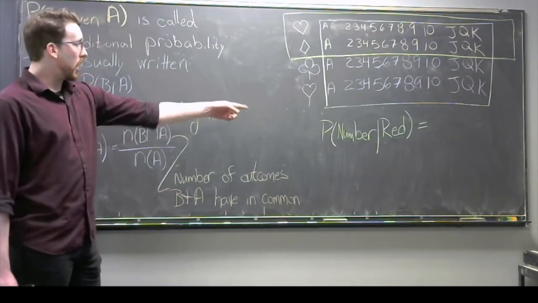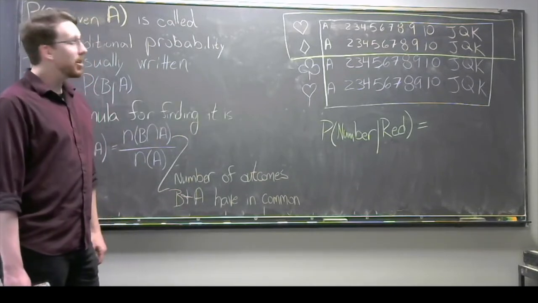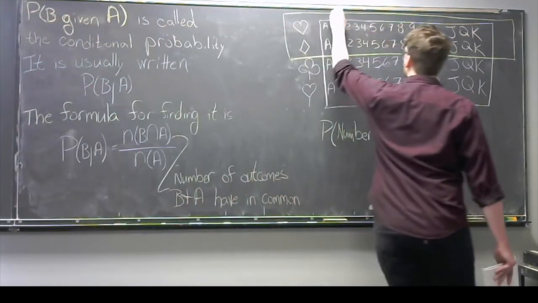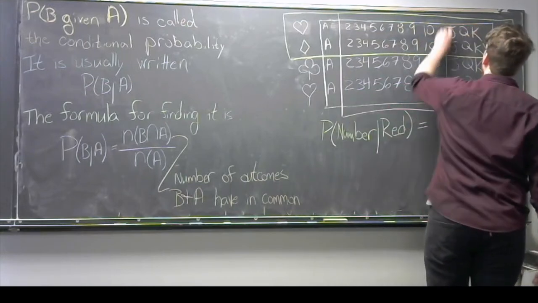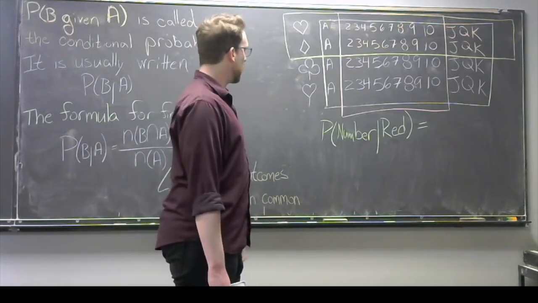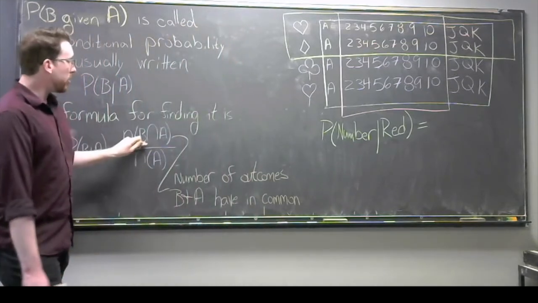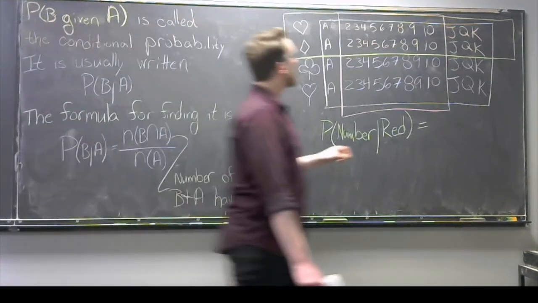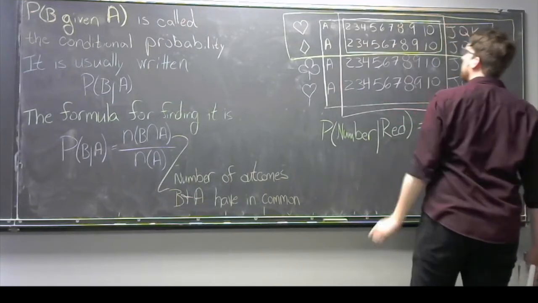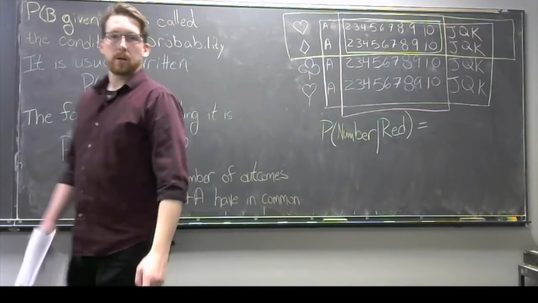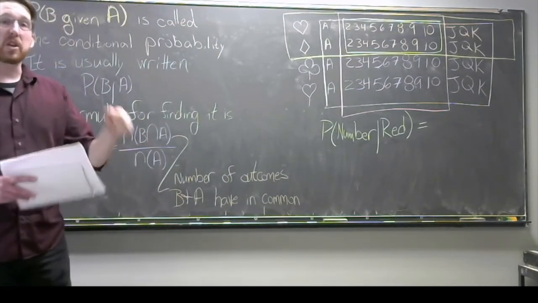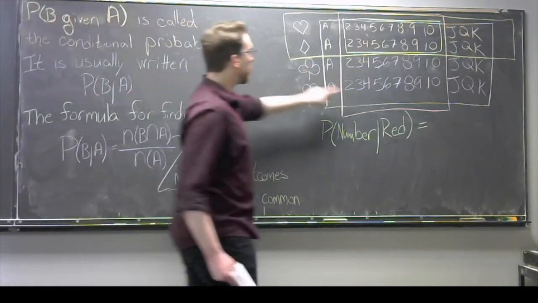Now, we want to look at the intersection between the red cards and the numbered cards. So the numbered cards would be all of these right here, right? Meaning that this intersection of the two, well, that's these right here. So that means there are 18 different shared outcomes between the two sets.